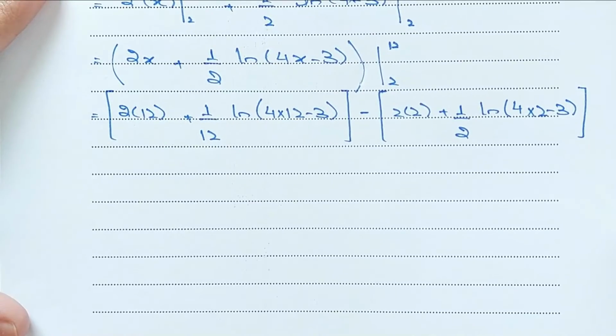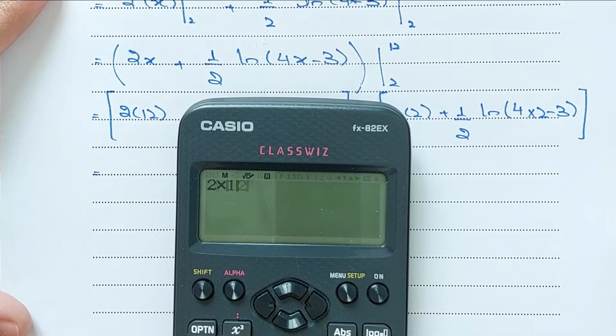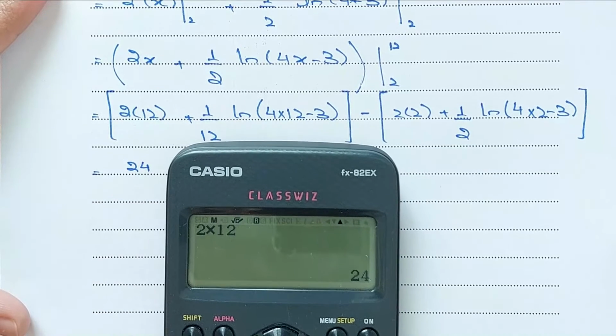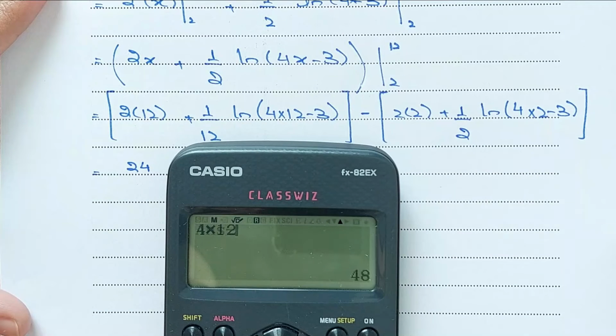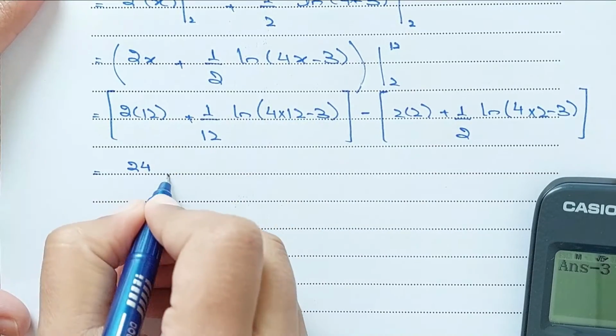Right. Now 2 times 12 is 24, and this is 4 times 12 minus 3, ln of 45, over 12.